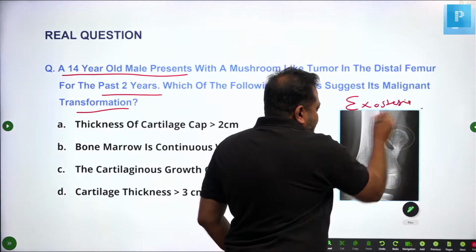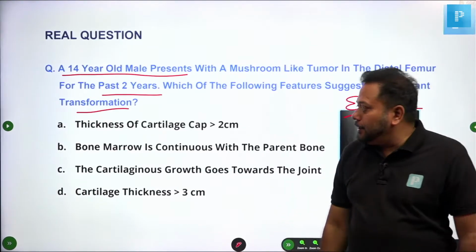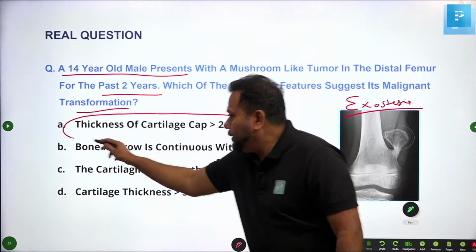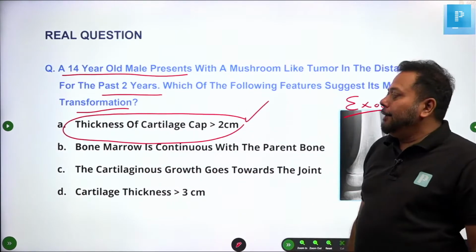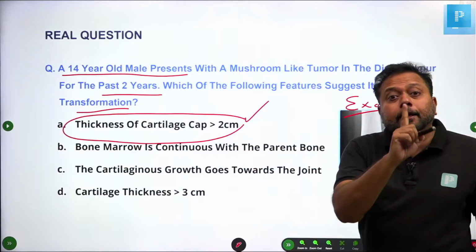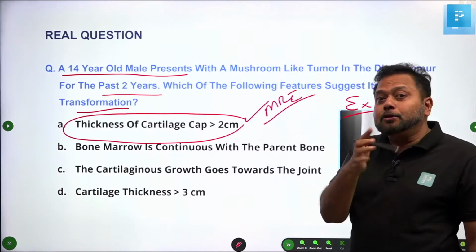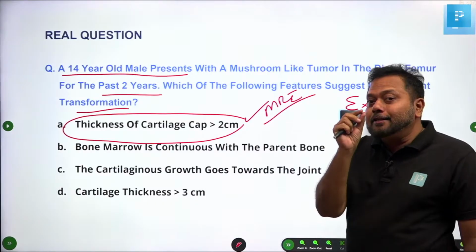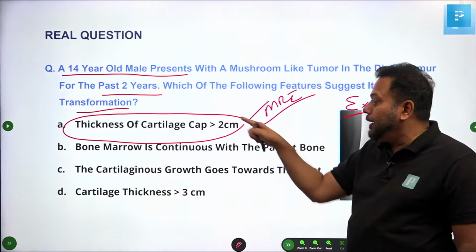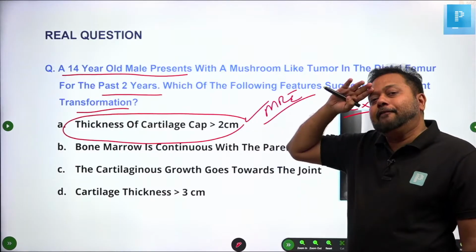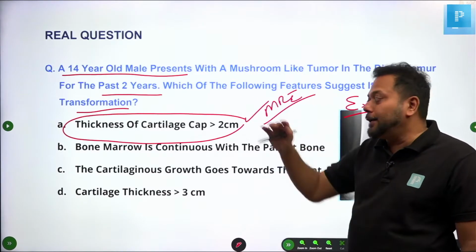The thickness of the cartilaginous cap more than 2 centimeters is the answer. You can measure this only in MRI, because you can't see cartilage in the X-ray. In MRI, a cartilage cap thickness more than 2 centimeters definitely says it's going for malignant transformation.